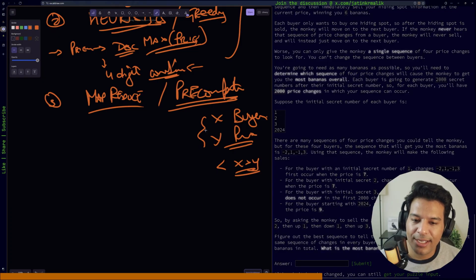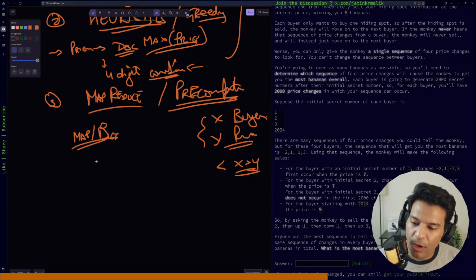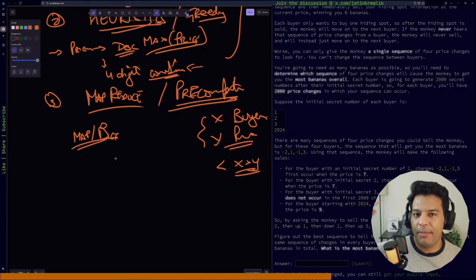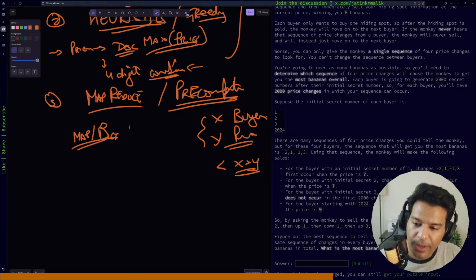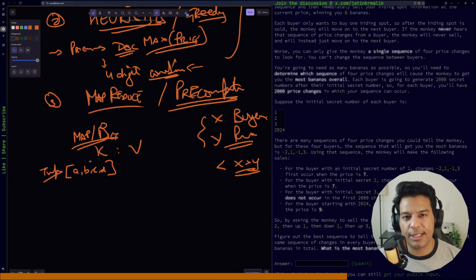So what I thought is, what happens if I maintain a map, or a dictionary if you're using Python, of all sequences. A master dictionary, not just for one buyer but for everyone, where the key is the list of 4 digits, A, B, C, D, or if not a list, a tuple, or we can put it as a string, because in some languages some data structures are not hashable.